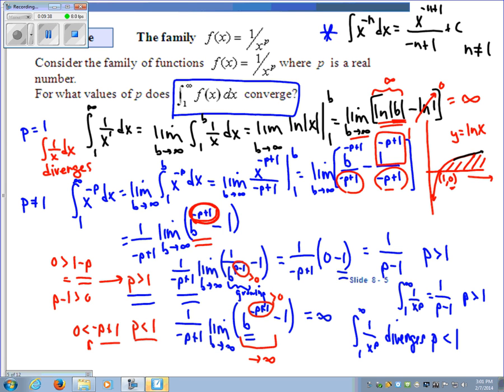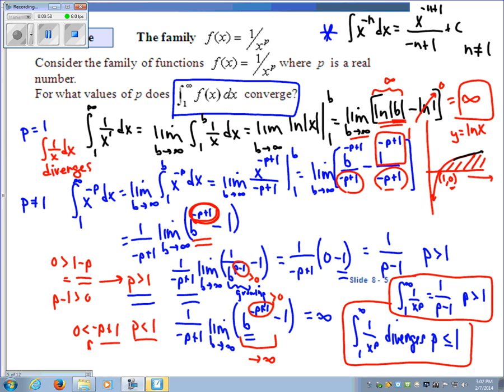Now what happened when the p was equal to 1? When the p was equal to 1, we also got that it was infinity. So that means then that when p is less than or equal to 1, this integral diverges. So these are the results that I want you to know, and we will use these extensively in Chapter 9.